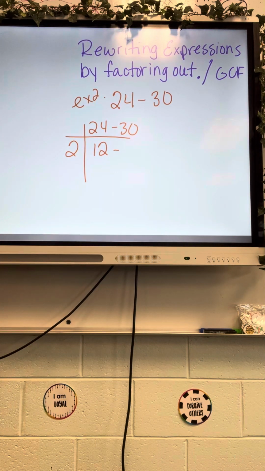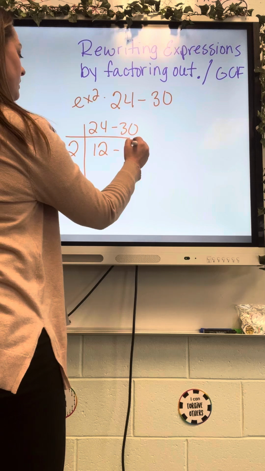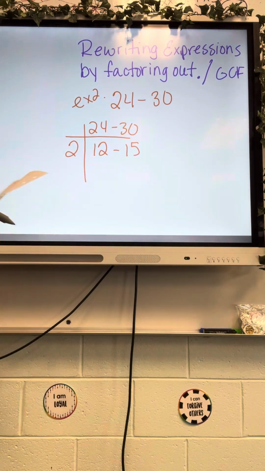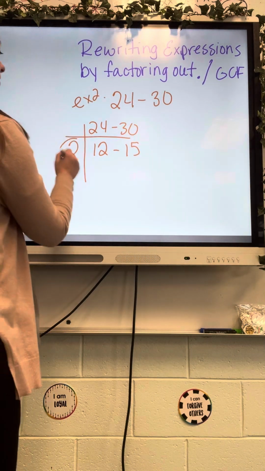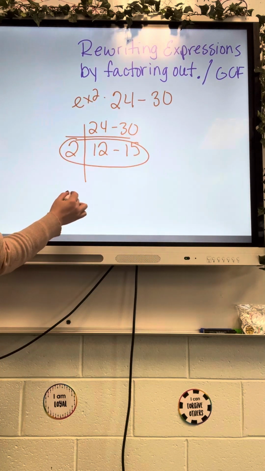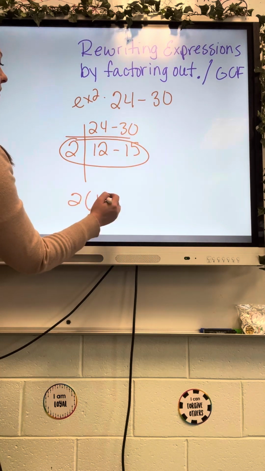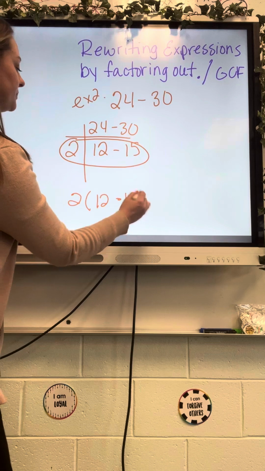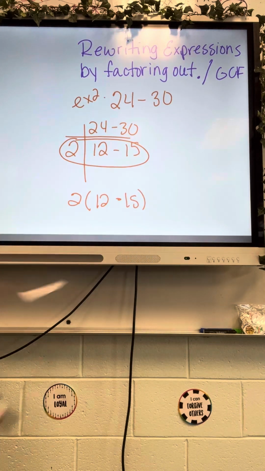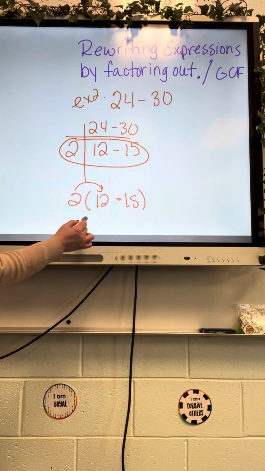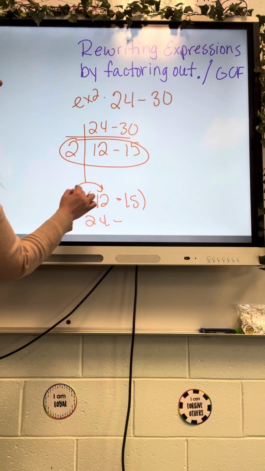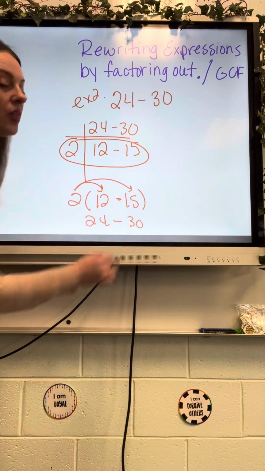And 2 times what is 30? 15. All right, here's your answer, or at least one of them. So I would have 2 times 12 minus 15. To double check that, 2 times 12 is 24. 2 times 15 is 30.